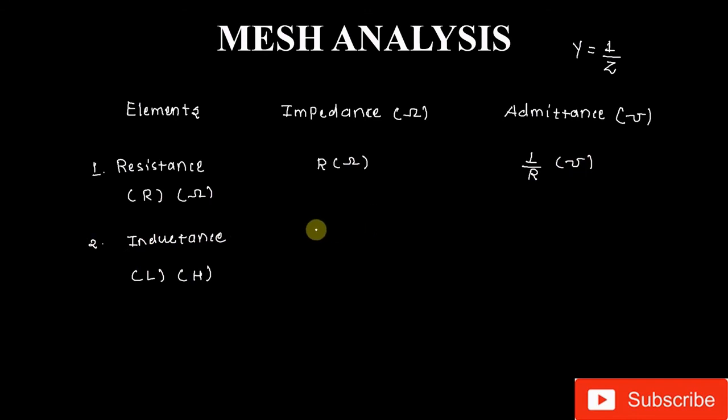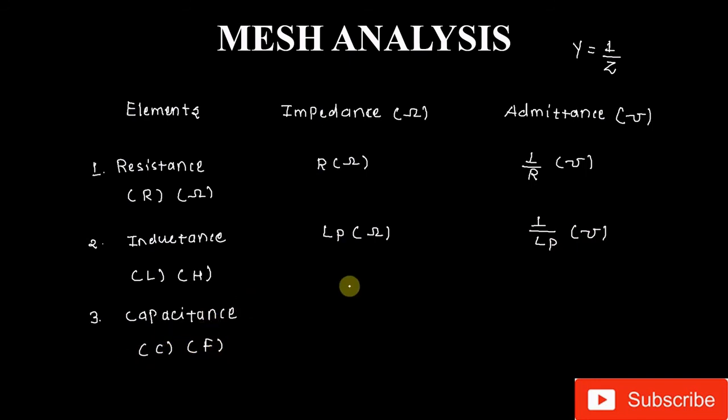Its impedance value we found is LP, measured in ohms, whereas its admittance value will be 1 upon LP, measured in mho. The third and last one is the capacitance, whose symbol is C, measured in farad.